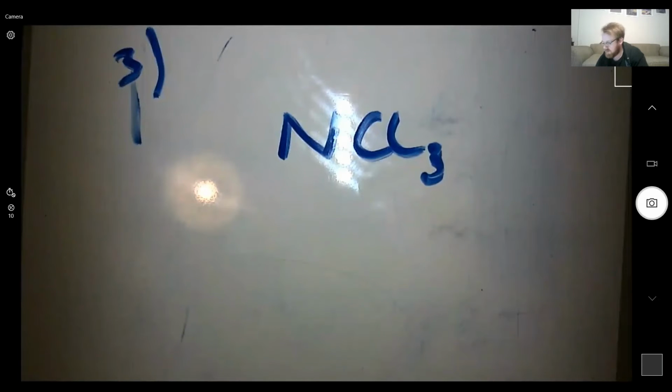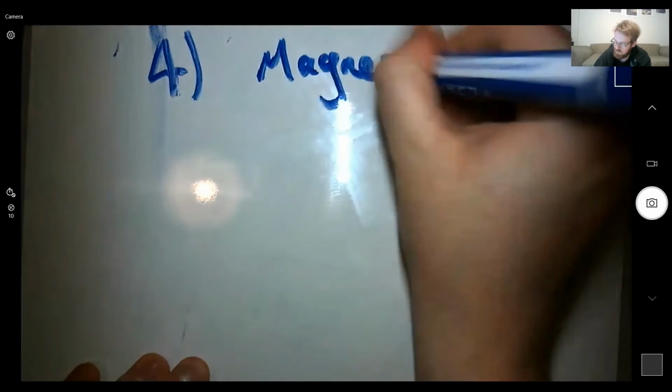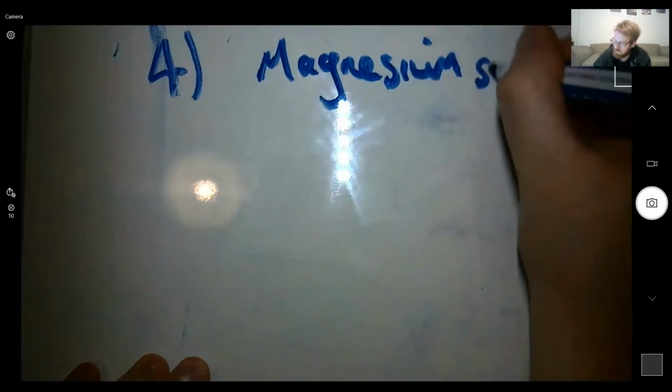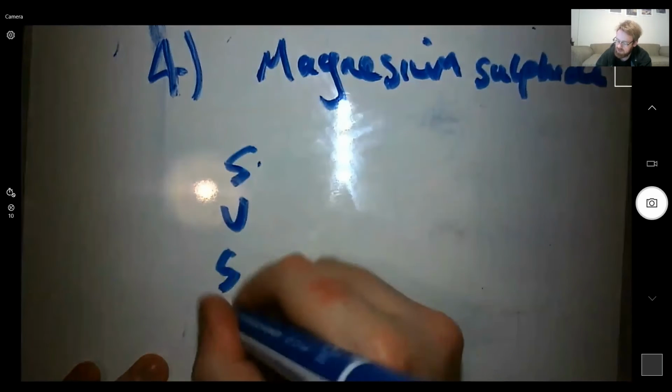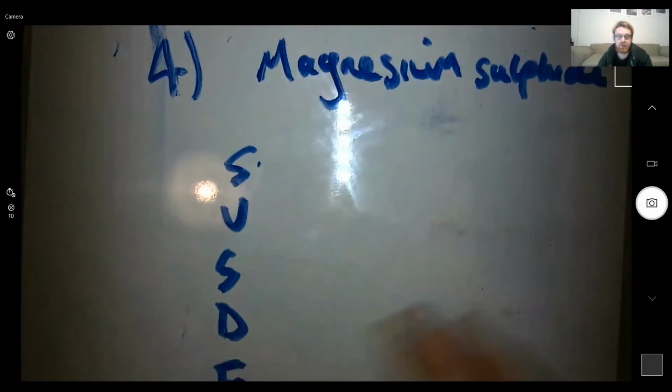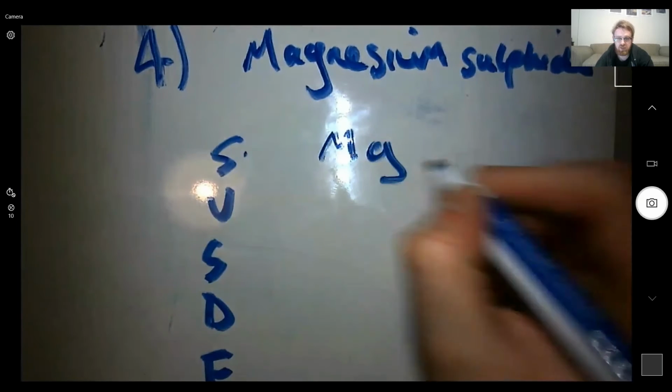Okay, number 4. Magnesium sulfide. SVSDF, because we don't have any prefixes. Magnesium symbol is Mg.